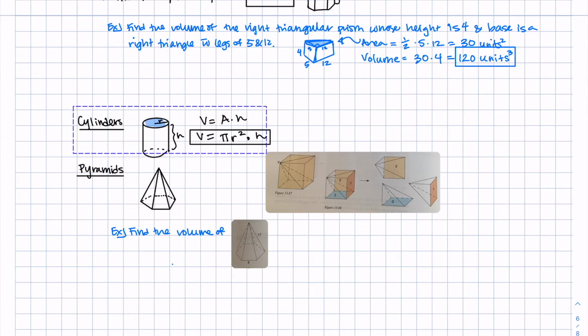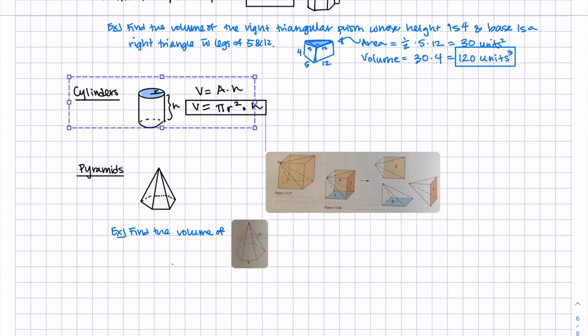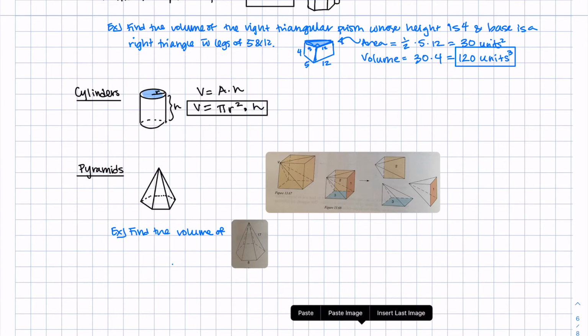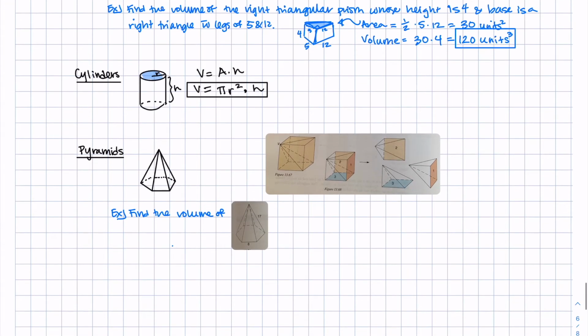Okay, so that's for our cylinder here, and I'll move this up a little bit. For the pyramid, we would expect our formula to be similar, except the problem that's happening here is this area is not remaining uniform through the whole height, right? So for the cylinder it is, right?